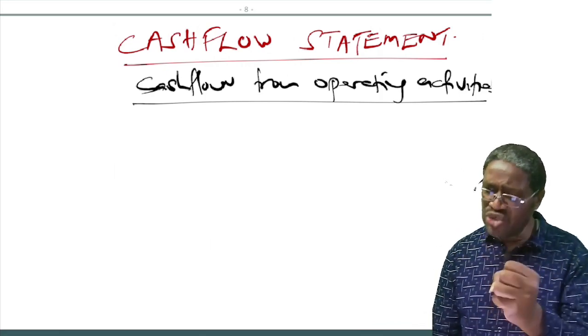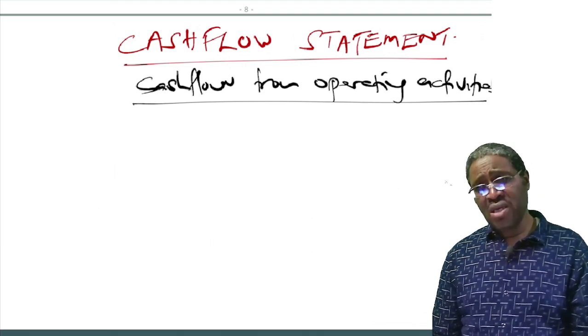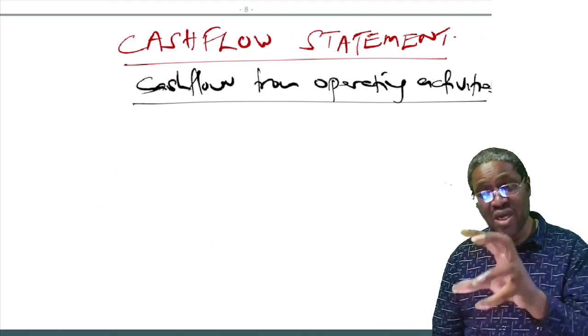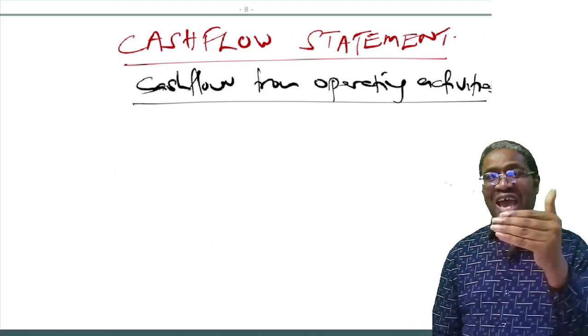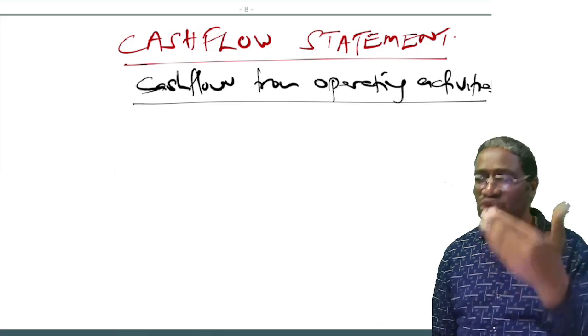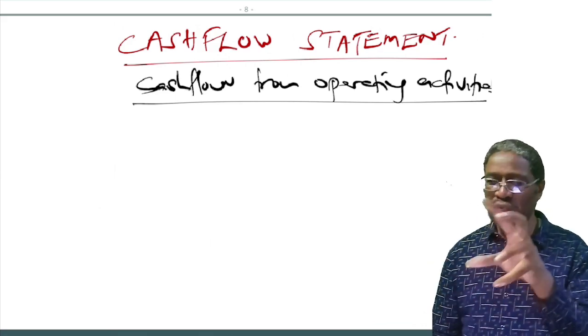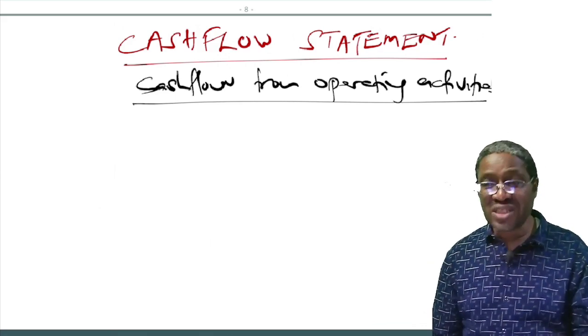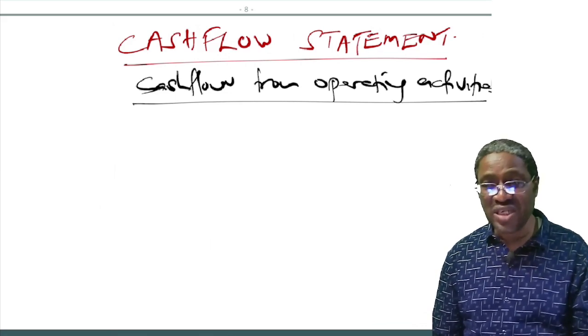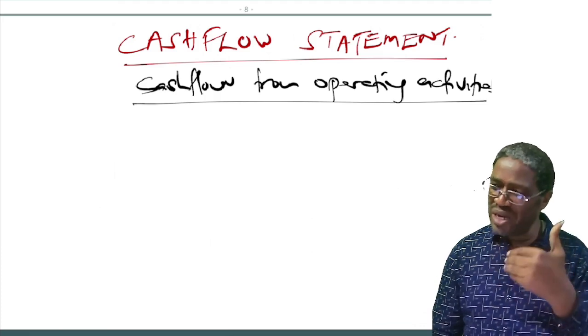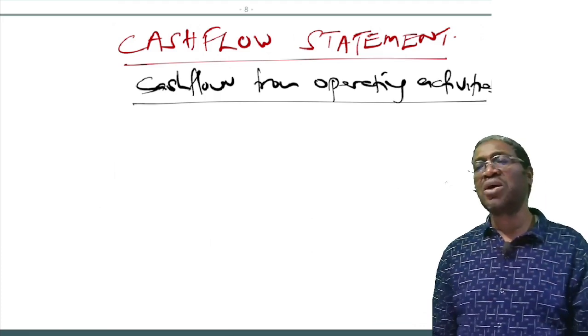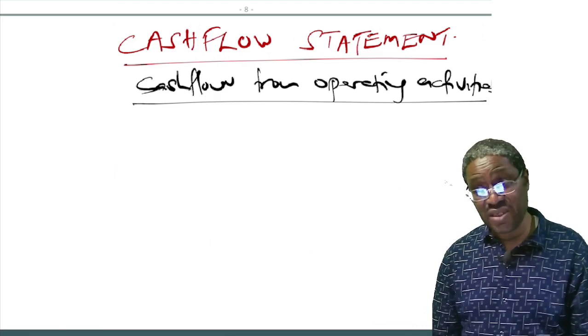And so to remind you, we normally say operating activities are those transactions and events that are used in the determination of profit in a business. Those transactions, we normally classify them as operating activities.